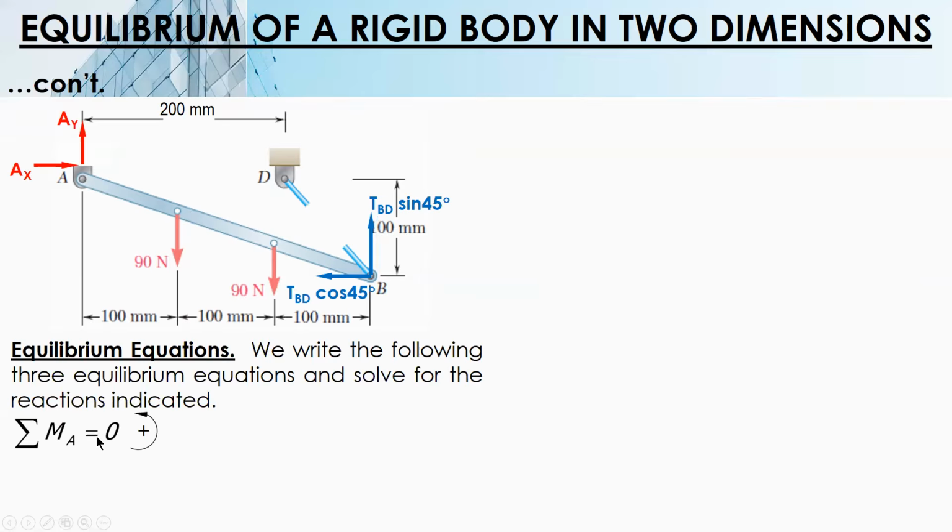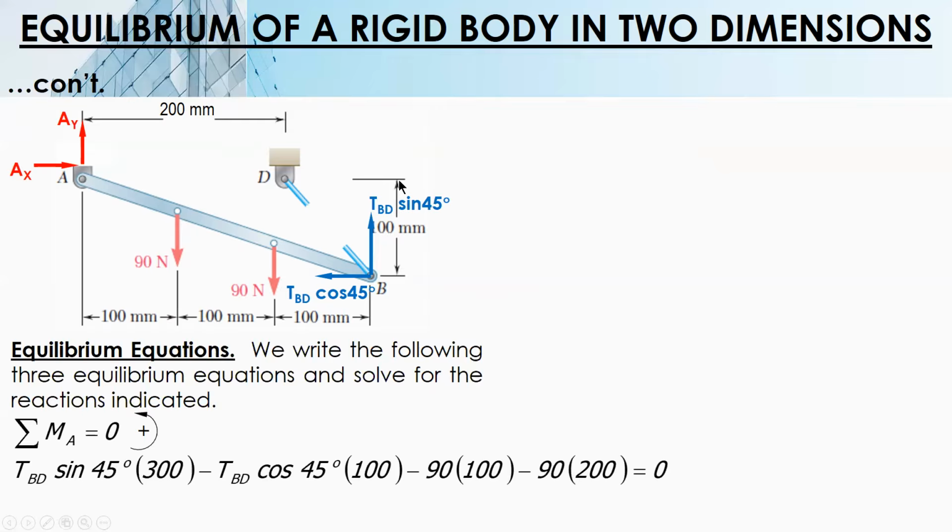Again, we start with summation of moment because if we sum up force along X, we have two unknowns, AX and TBD. If we sum up force in Y, two unknowns also, AY and TBD. Therefore, we will start with summation of moment at A. We have four forces, 1, 2, 3, and 4.